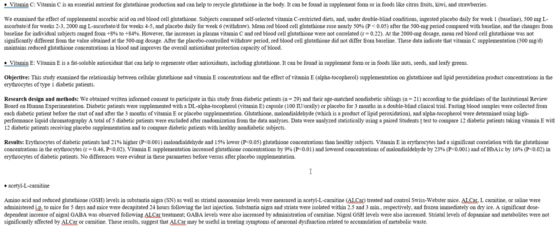Vitamin E supplementation increased glutathione concentrations by 9% with a p-value of less than 0.01, lowered concentrations of malondialdehyde by 23% with a p-value of 0.001, and lowered HbA1C by 16% with a p-value of less than 0.02 in erythrocytes of diabetic patients.